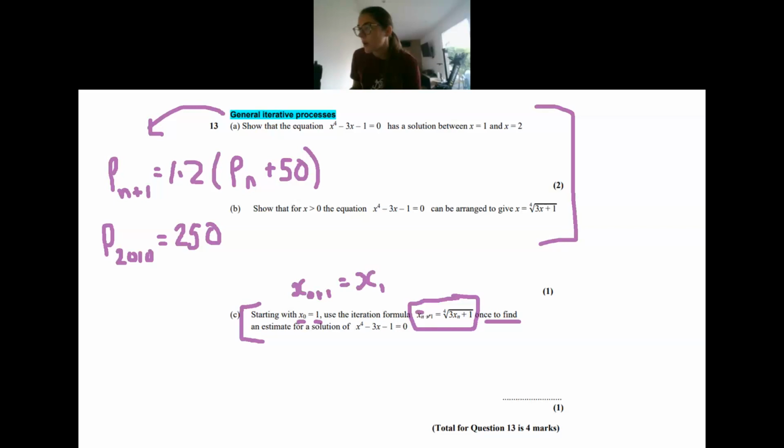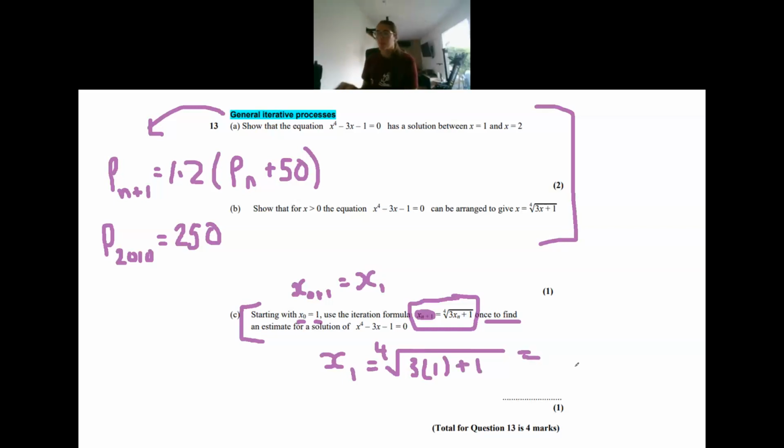So to find x1, I put in 3 times xn, so n being 0. I put in my number, chuck that in the calculator and write down what I get. So whatever number they give you in the question, whatever it's equal to, you substitute it in your formula.